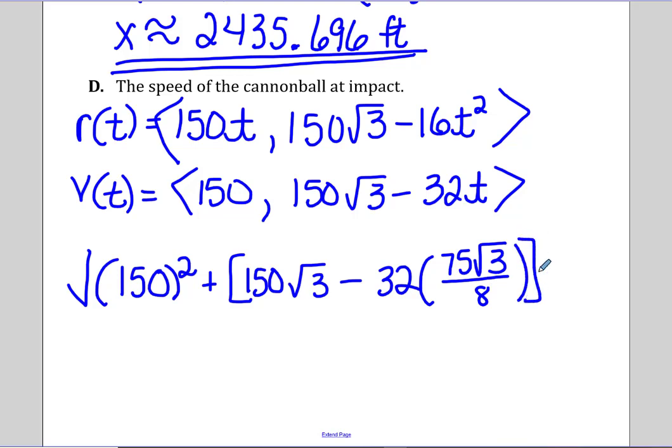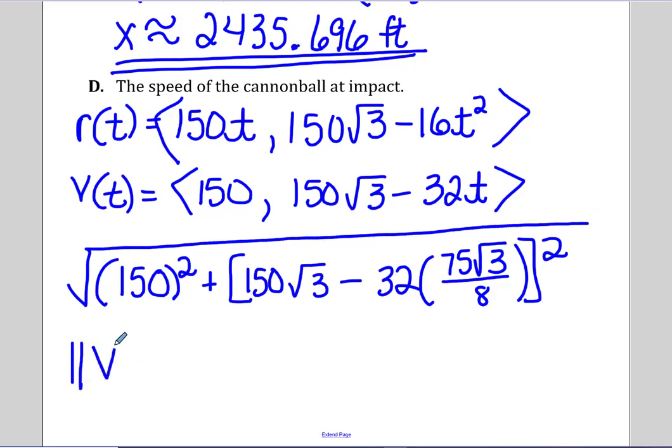That entire thing squared, all under the radical. So this is our velocity, or the speed, I should say.